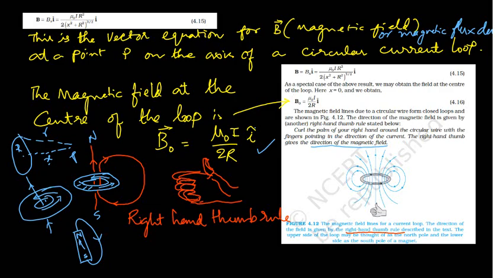That is what we got on the top: B is equal to mu naught I r square divided by 2 times (z square plus r square) to the power of 3 by 2. That's where we started, and we said the direction of B is given by the right hand thumb rule. If you look at how these four fingers are curling around a current carrying conductor, the magnetic field will be along the fingers if the current is along the thumb. If the field is along the thumb, then the current will be along the fingers.